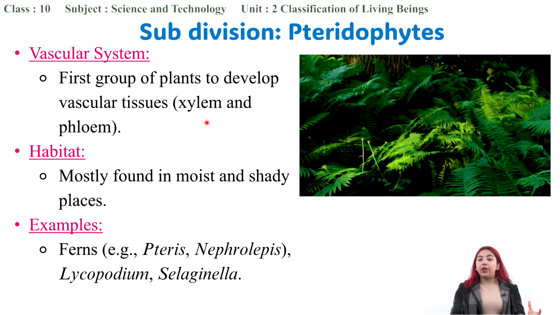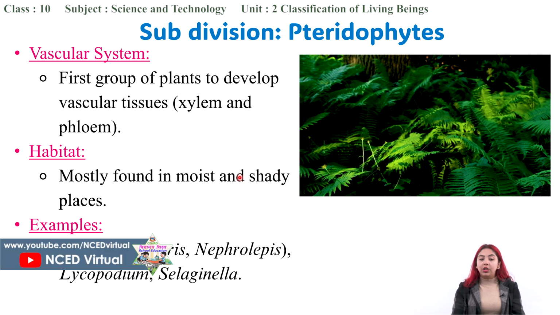So it is the first group of plants that develop the vascular tissues, that is the xylem for water transportation and phloem for the food transportation inside the body of the plant from one part to another. So it is the first group of plants to develop the vascular tissues.